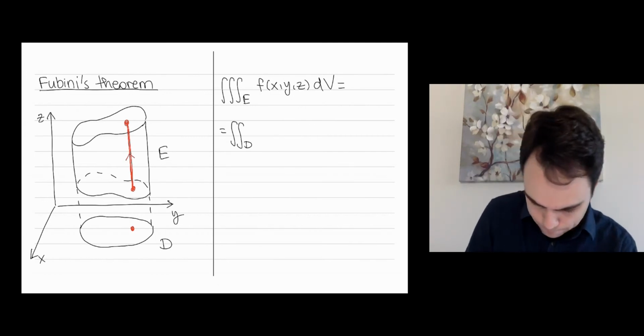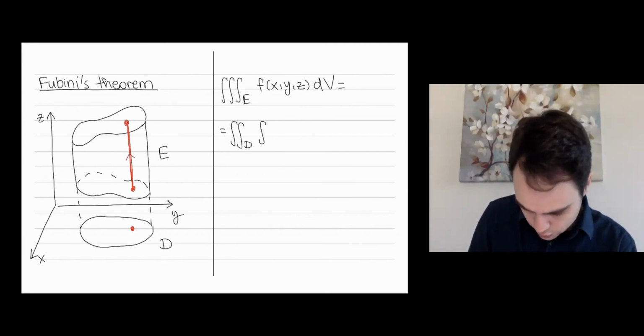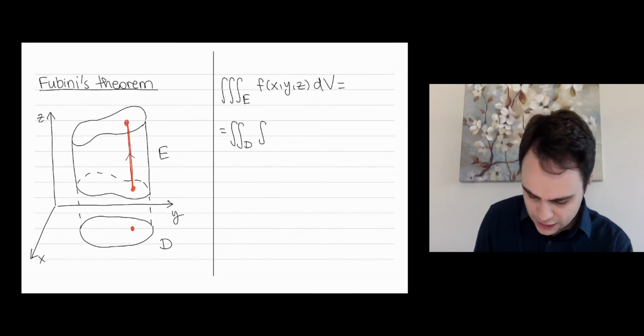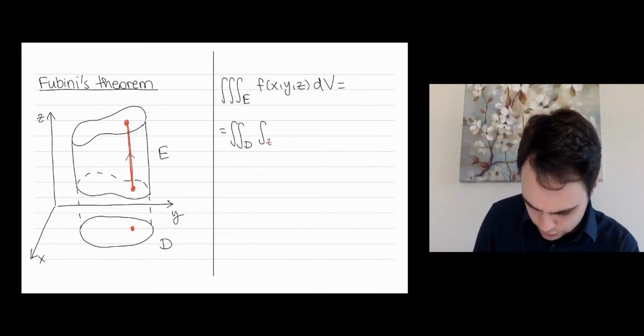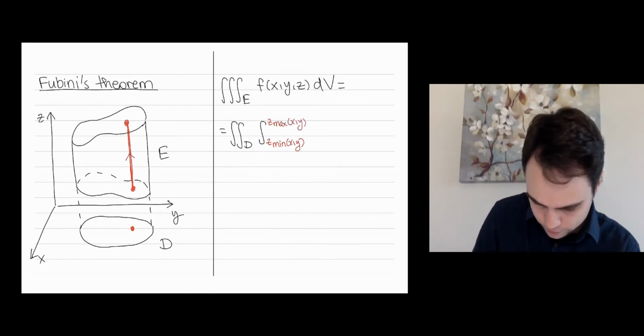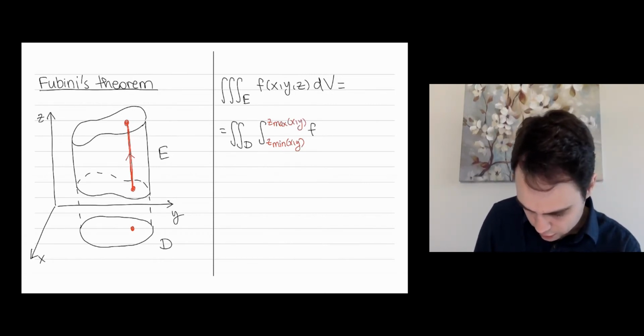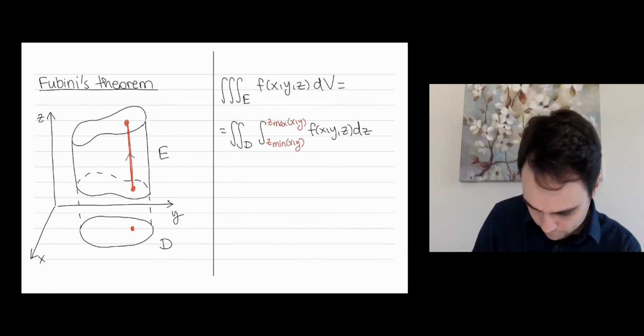So the function of x and y we're integrating over D is the integral for z going from some minimum value depending on x and y to some maximum value depending on x and y. Then you integrate the function f(x, y, z) dz.